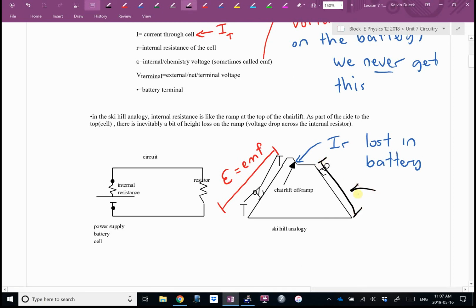This would be the terminal voltage, what you're actually getting left over for the rest of the circuit. As an equation, which I deliberately didn't put on your formula sheet, the EMF equals the terminal voltage plus that bump, or the terminal voltage equals the EMF minus that bump.